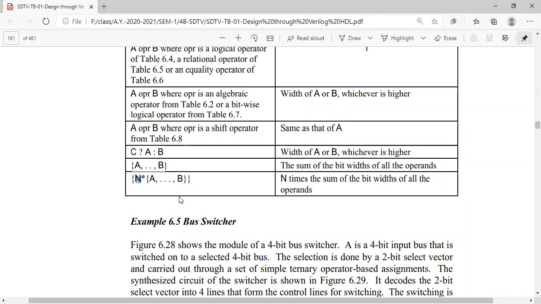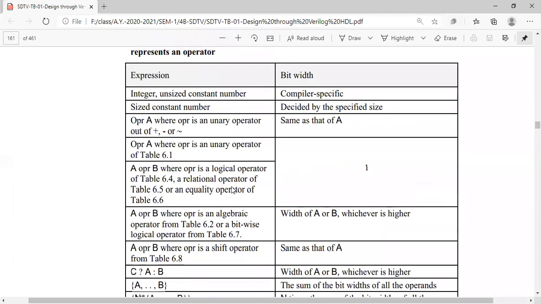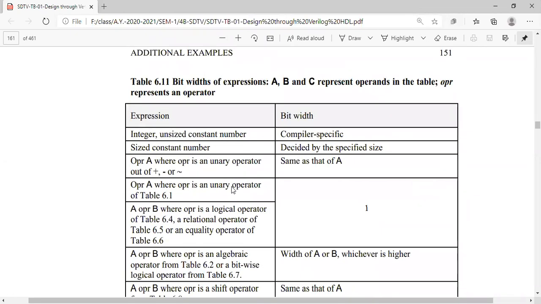Do you get now? This is just to know how many bits will be required, how many bits are present on the output side. To know that only, we are using this. You got clarity, I think.